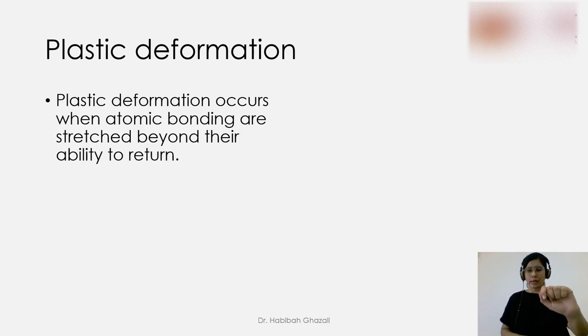So let's look at this piece of metal again. If I put just a little bit of force, you can see that it becomes springy, but it does not change shape. So what happened there is elastic deformation. But when I put too much force to that piece of wire, it can no longer go back to its original position.